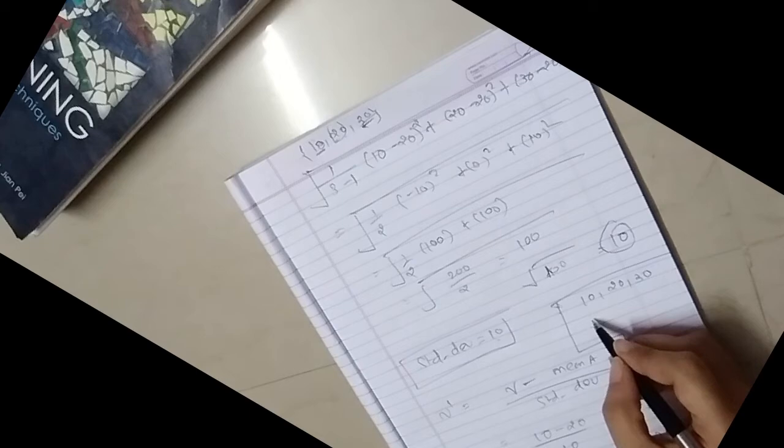For the second value 20, 20 minus 20 divided by 10 equals 0. For the third value 30, 30 minus 20 divided by 10 equals 1. So we normalize the data 10, 20 and 30 into minus 1, 0 and 1. This is how Z-score normalization works.